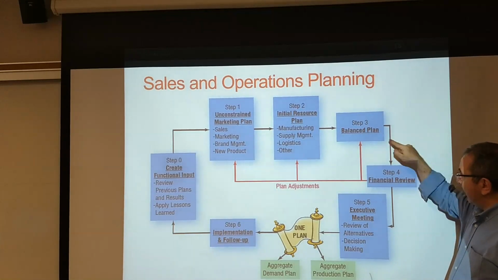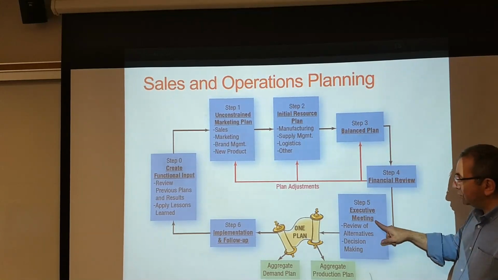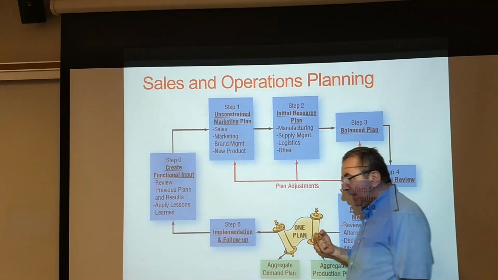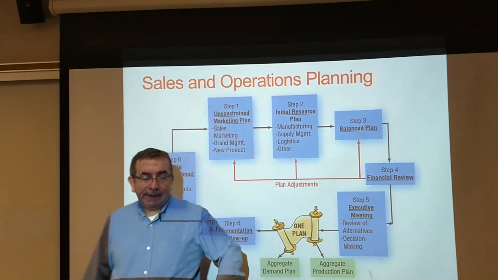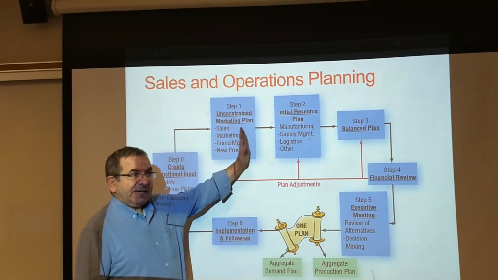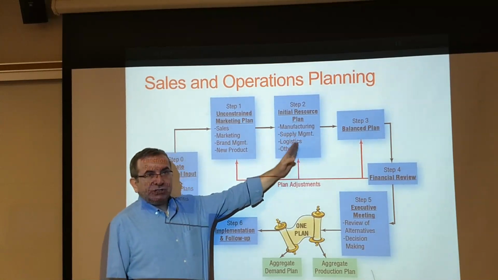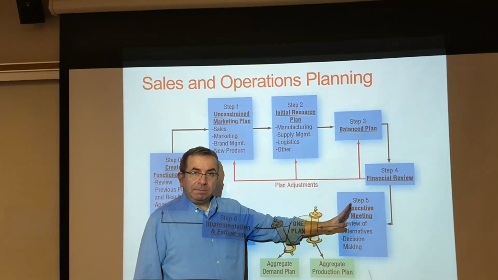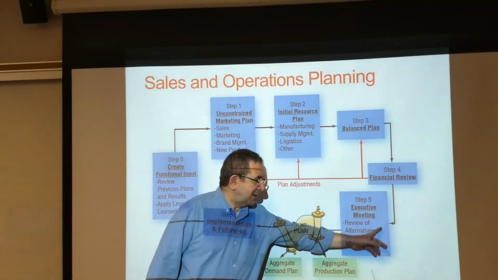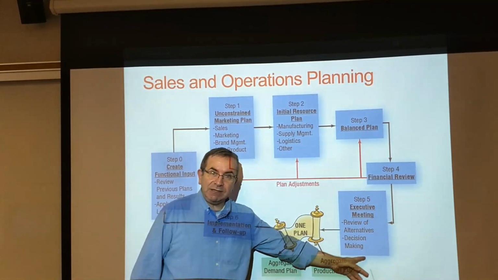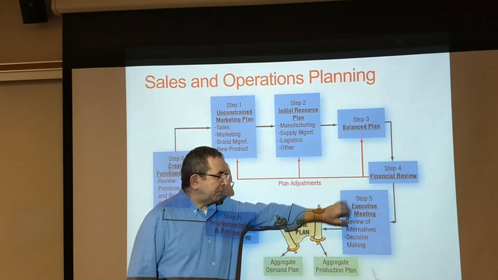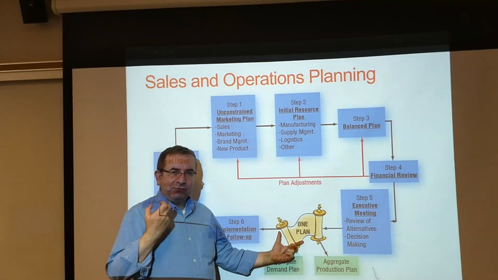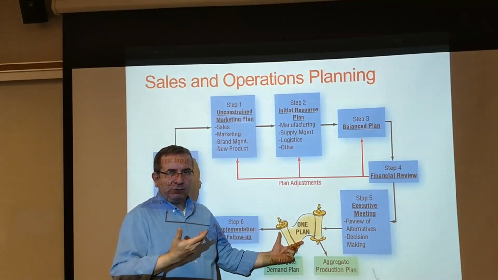Now, the balanced plan and the financial review goes to high-level executives. So these are the decision makers, okay? Sales department cannot overrule operations, operations department cannot overrule sales, but at the end of the day, the final decisions are made by senior executives, and once they approve the plan, you have the one consensus forecast, single number forecast, okay?